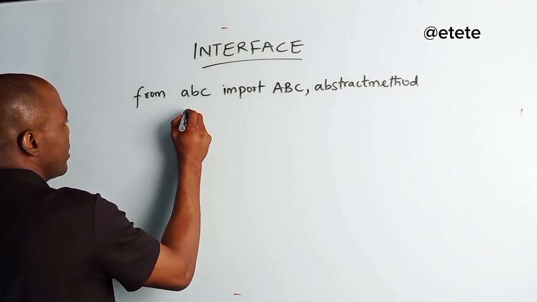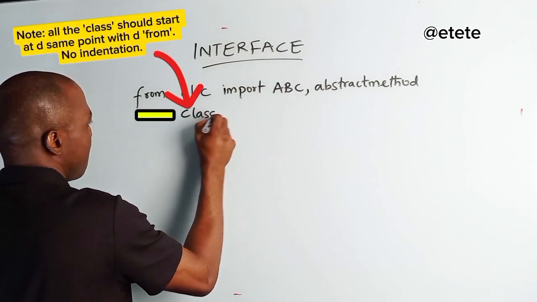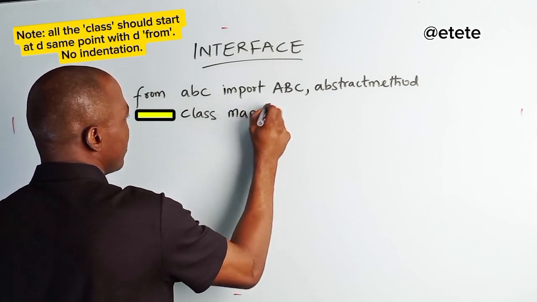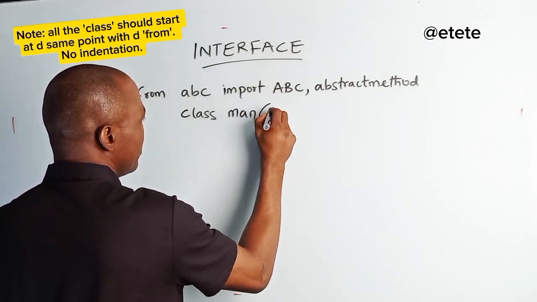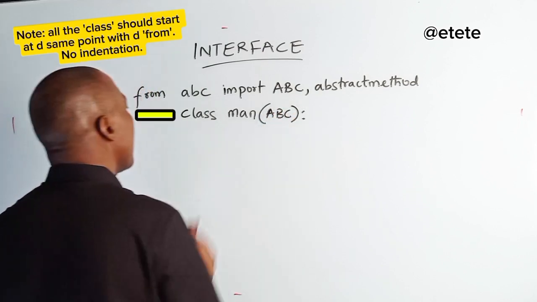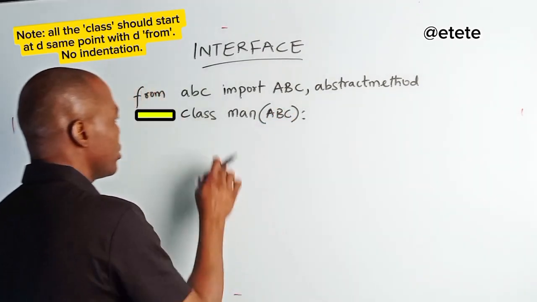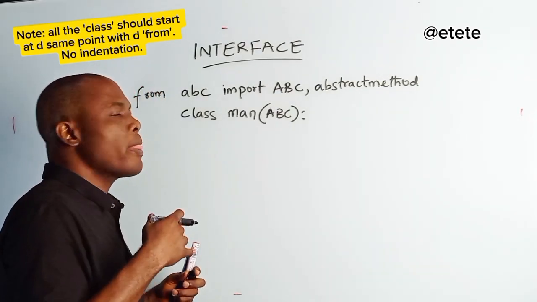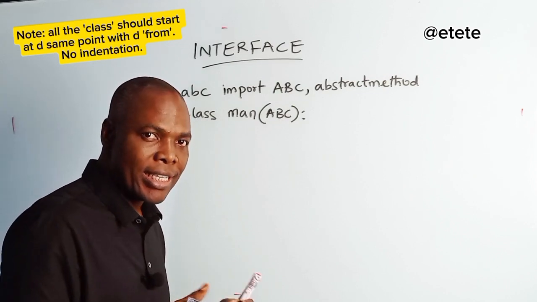Then we'll now create class Man that is going to inherit this ABC class. Okay, now we are going to create abstract method. So this Man, what do we expect Man to do? Man can eat, right?